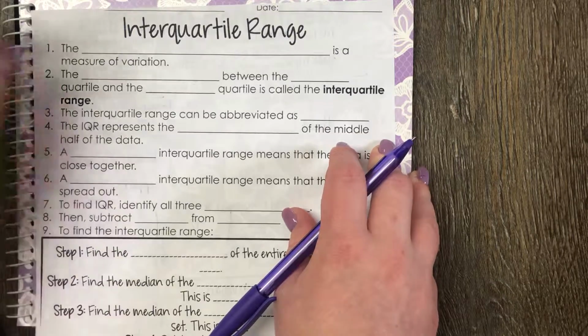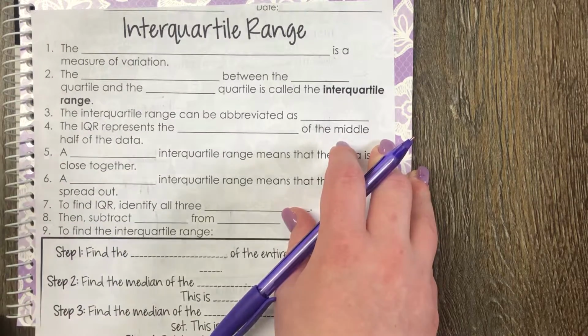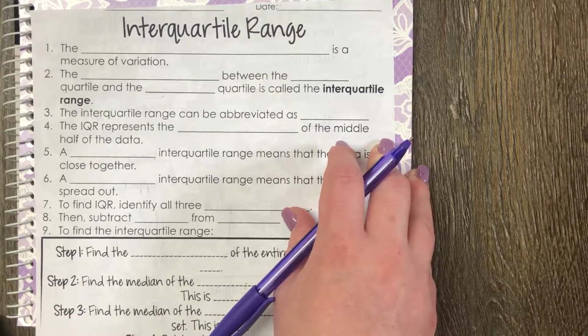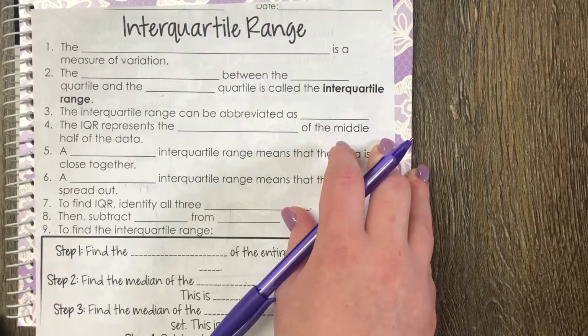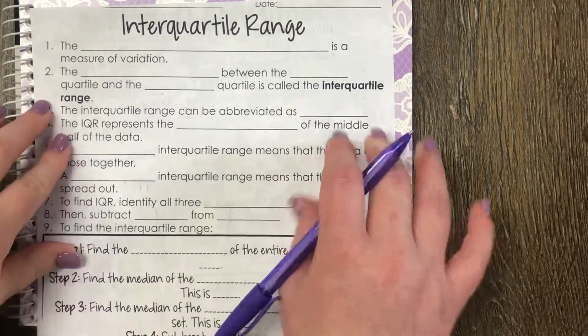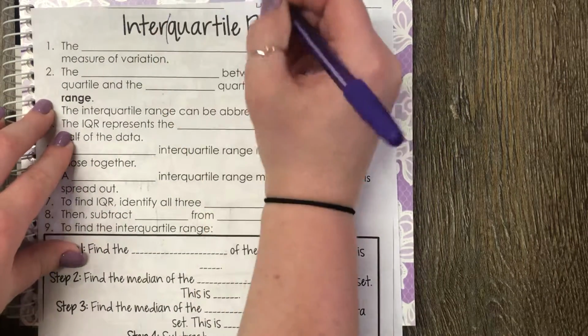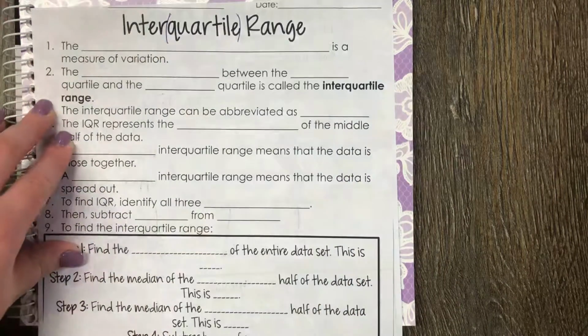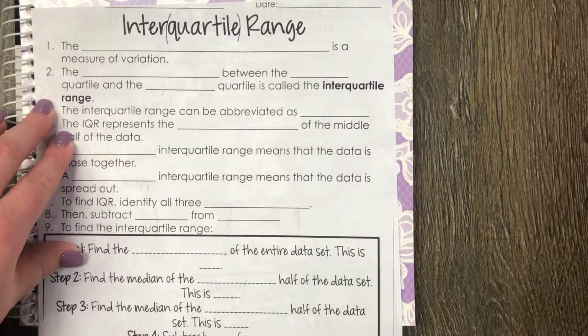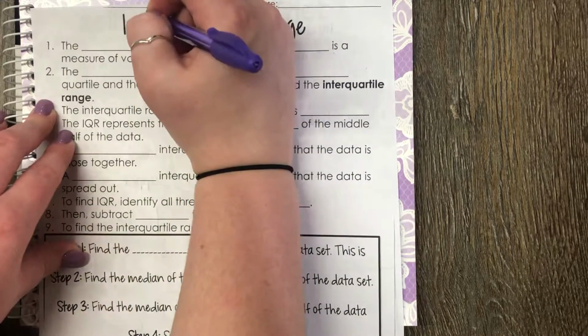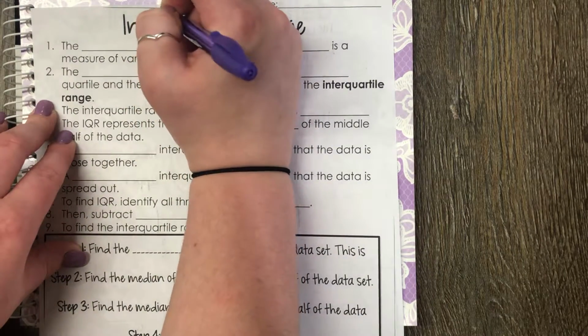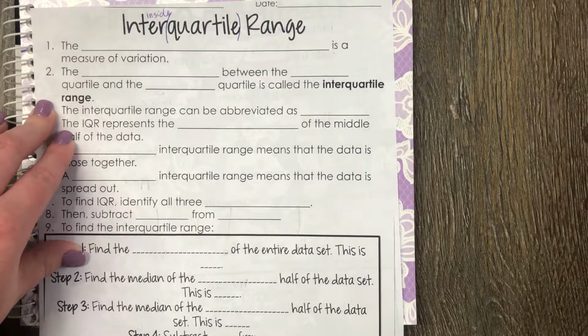Okay? So looking at these words, there are a few things that we need to talk about. You have to use quartiles to find inner quartile range, because you see the word quartile in inner quartile. But what this is, it's the inside. So over the word inner, I'm going to write inside.